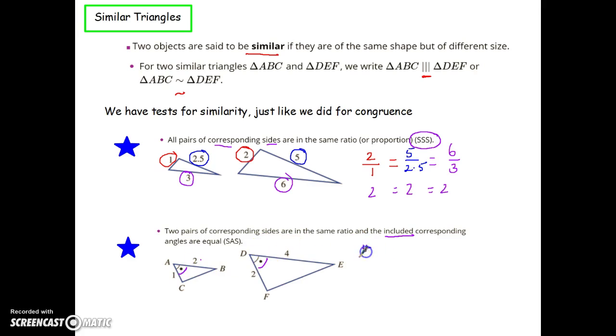So we will check, is 4 over 2 the same as 2 over 1? 4 over 2 equals 2, 2 over 1 equals 2, so we have our sides in the same ratio. The angle here is denoted by the same symbol. We've got a little filled in dot there, so we have our angle being the same. So we can say that we have similar triangles, and we have a side, an angle, and a side, SAS.